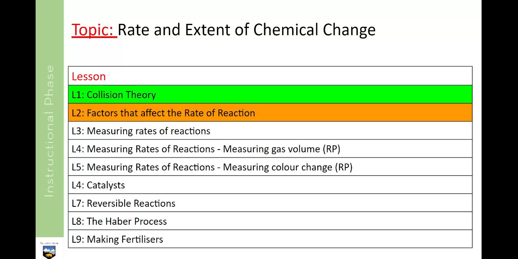So just to recap, last lesson we did collision theory. Today we are looking at the factors that affect the rate of reaction. Again, we have already looked at these, but I do want to secure our understanding. So just to recap from last lesson, collision theory. Remember, the collision theory is an idea that helps explain why chemical reactions happen.